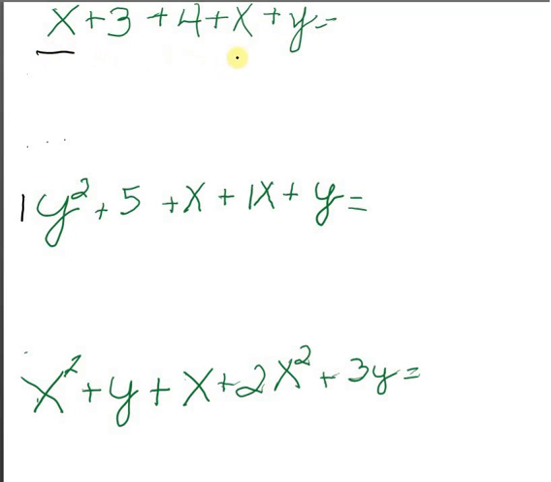Alright, let's underline our like terms, x and x here. Don't forget to put a 1 in front of those. And we got a constant like term here, and y is going to be alone. So let's add those together because it's all addition. 1x plus 1x, and this is where a lot of people get things messed up on a test.